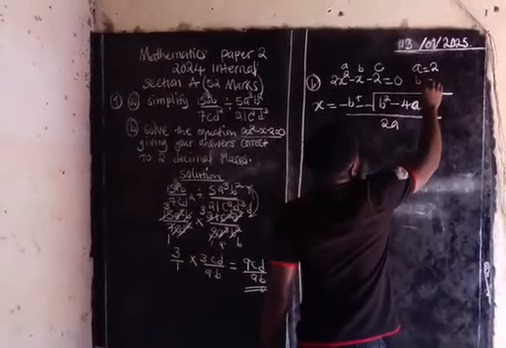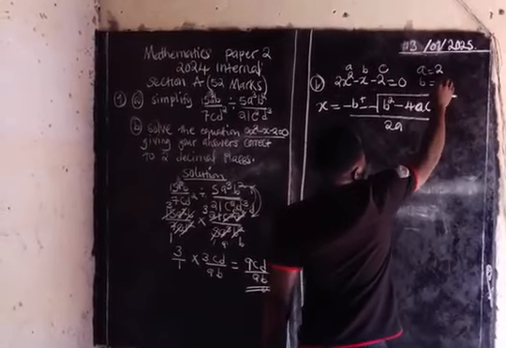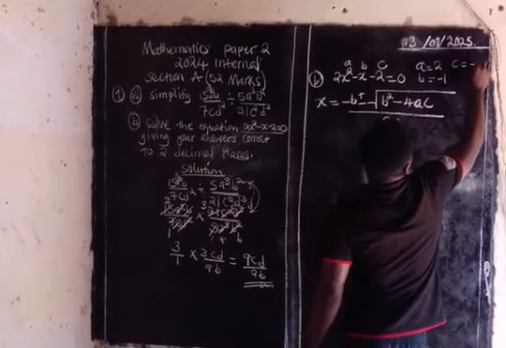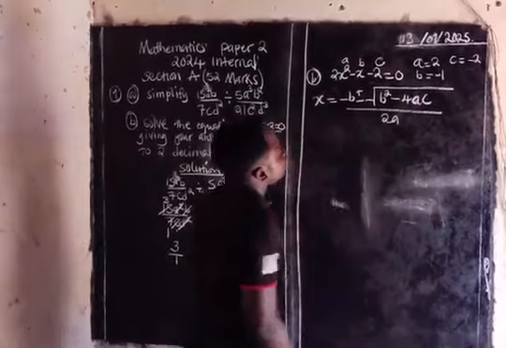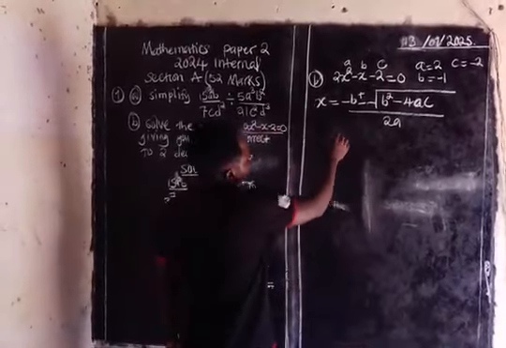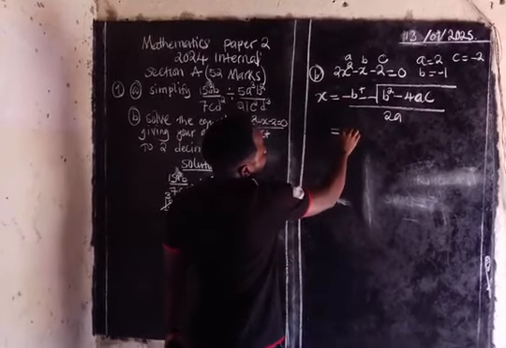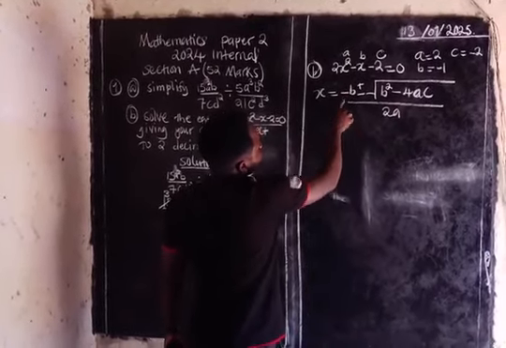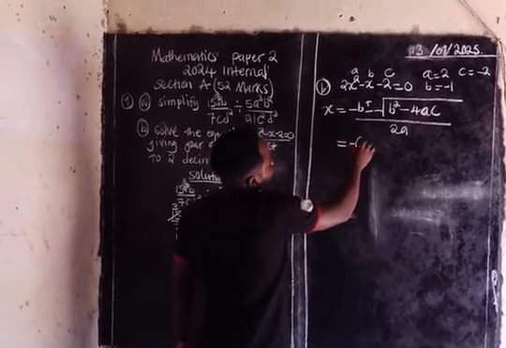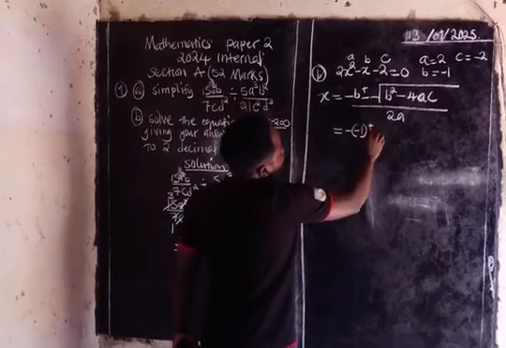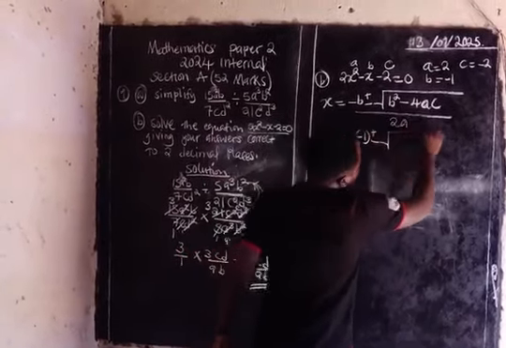Then b is the coefficient of negative x, which is negative 1. And c is equal to negative 2. So we're going to replace that. Where there is negative b, meaning this negative which is already outside, open bracket, you put negative 1, which is b, plus or minus the square root.